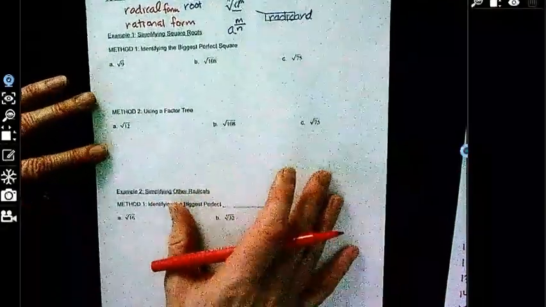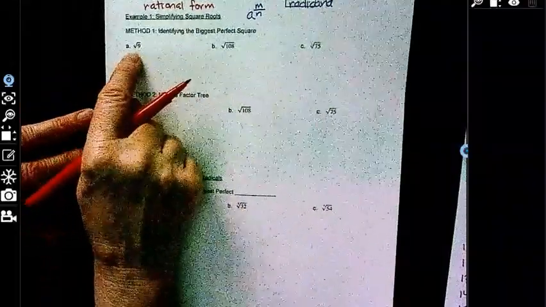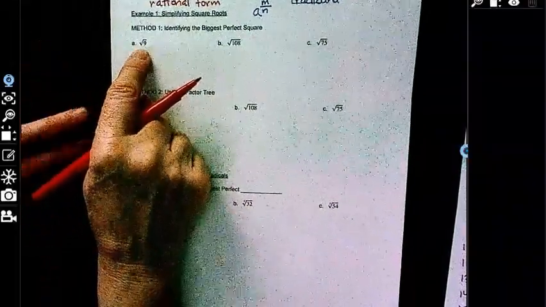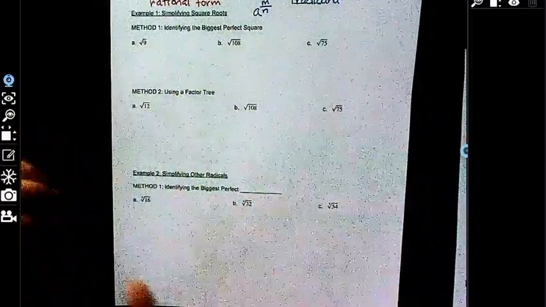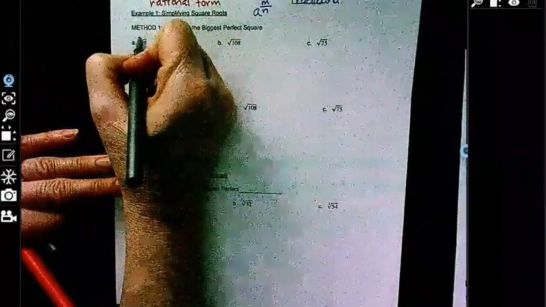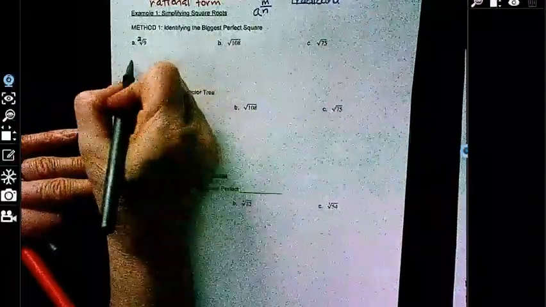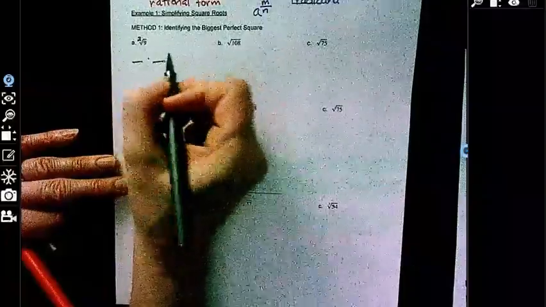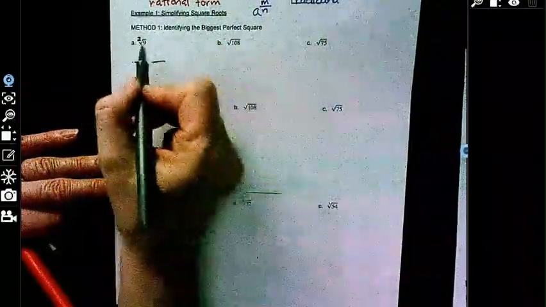Now let's get to simplifying radicals, and let's remember what's going on here. Going back to a very simple square root of 9, you all know that that's 3. But let's think about it for a minute. When there's no number there, we know it's the square. The index is 2. It's really asking what number, when multiplied by itself 2 times, will give you 9.